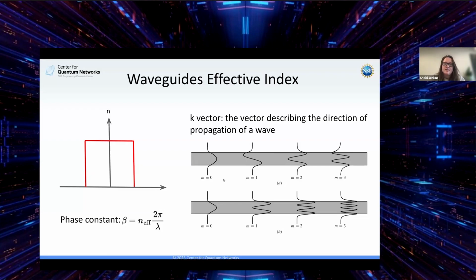Like I said, this is all determined by the effective index and the geometry of your waveguides. And then, I forgot, the K vector is just the direction that you're propagating through a wave. So if we send in light in this direction, the K vector will be pointing to the right.